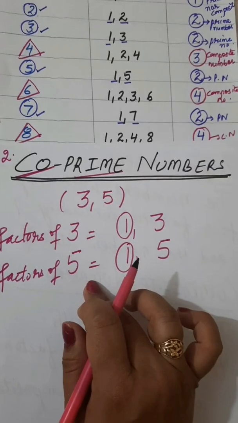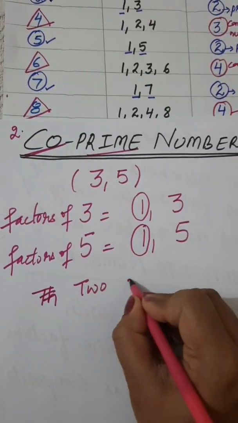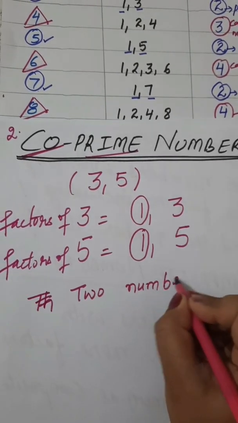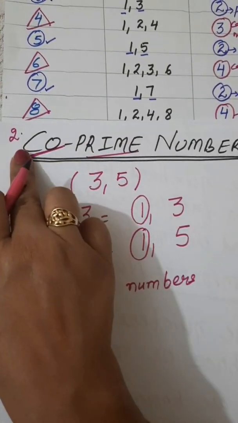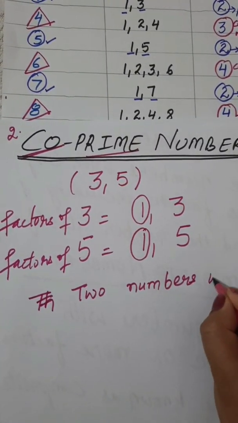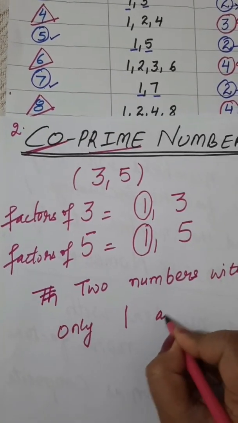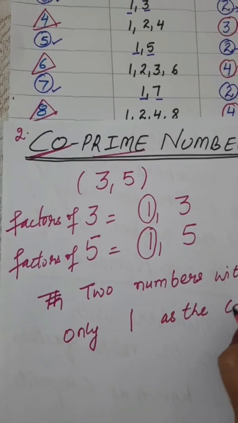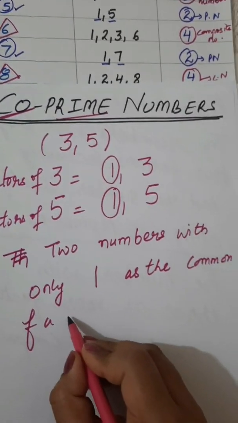between 3 and 5. We can write 2 numbers, because we are doing co-prime. Co means 2, so we have to take two numbers with only 1 as the common factor.